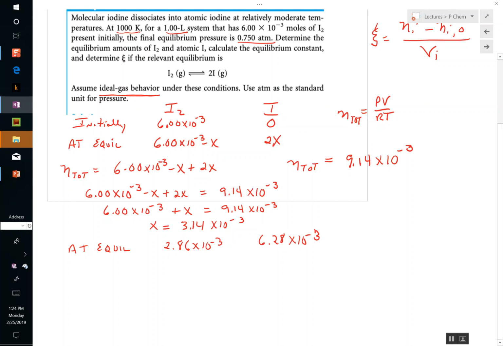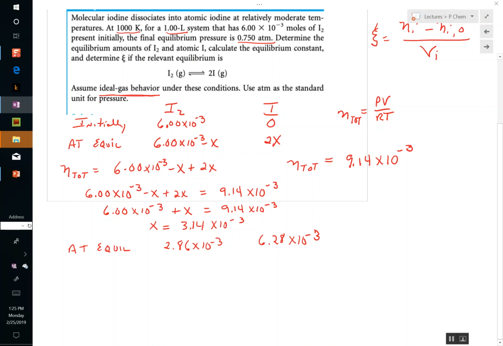Equilibrium constant. No. It's the products over the reactants, right? This is 2x squared over 6.0 times 10 to the minus third minus x. That's not squared. The 1 minus x in the previous problem was because we started with 1 bar.